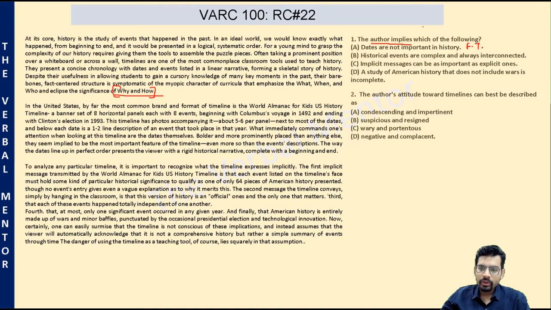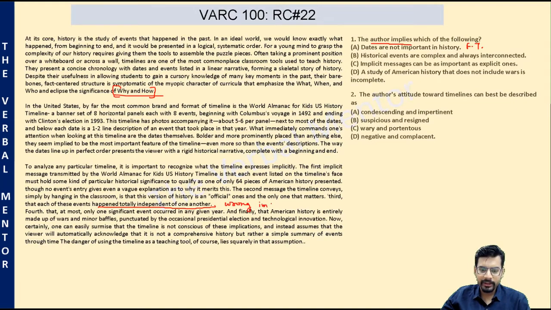Option B, historical events are complex and always interconnected. Tempting choice. Though author criticizes the fact that the US timelines present events as independent, author calls it a wrong impression.